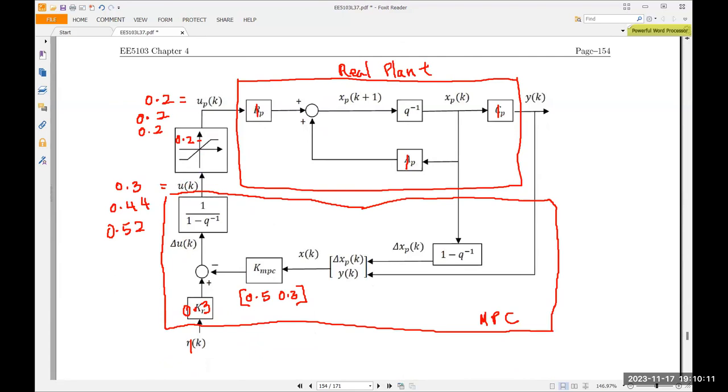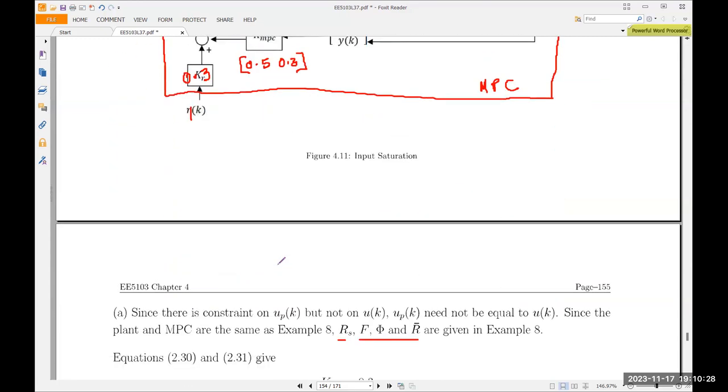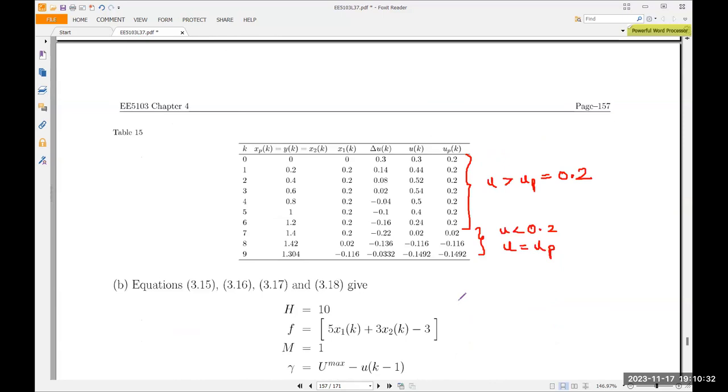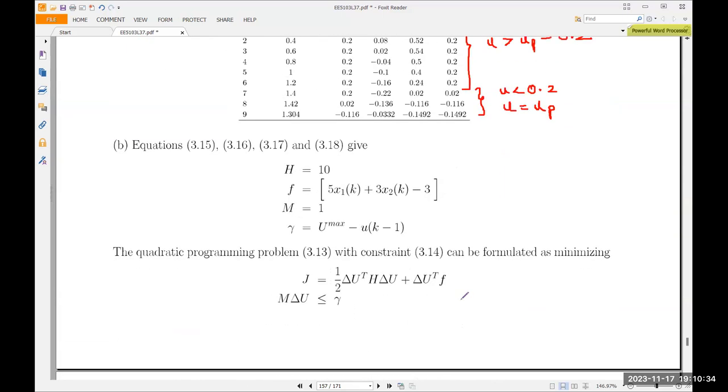So if that is the case, then forever UP will be equal to U, because U is forever less than 0.2. My calculation inside MPC ensures that. Okay, so we look at that. That is a standard MPC with constraint that we have done before. So I'll go through it quickly.